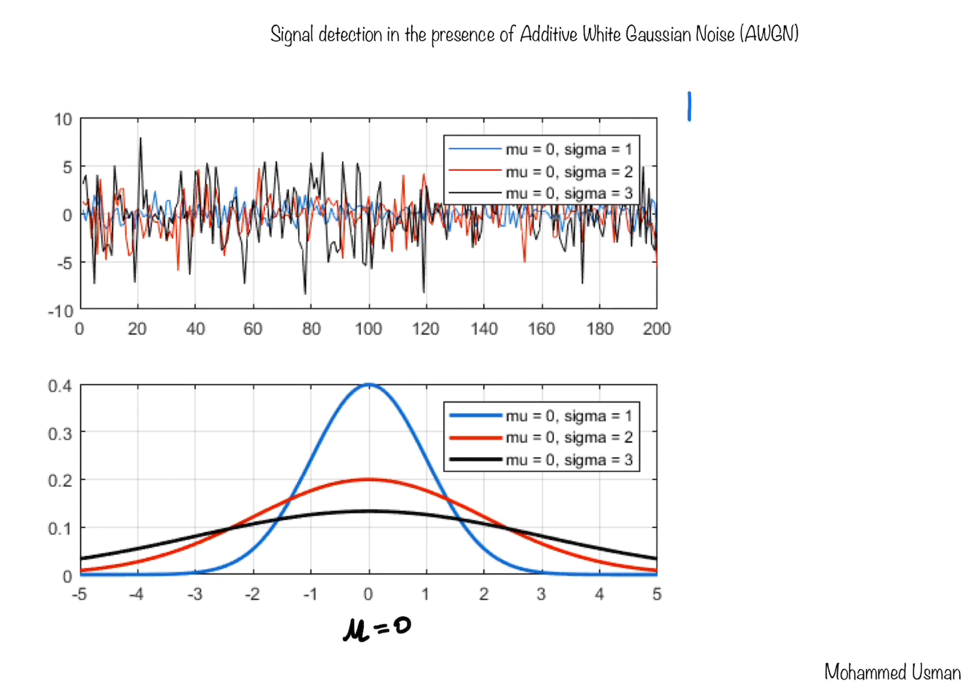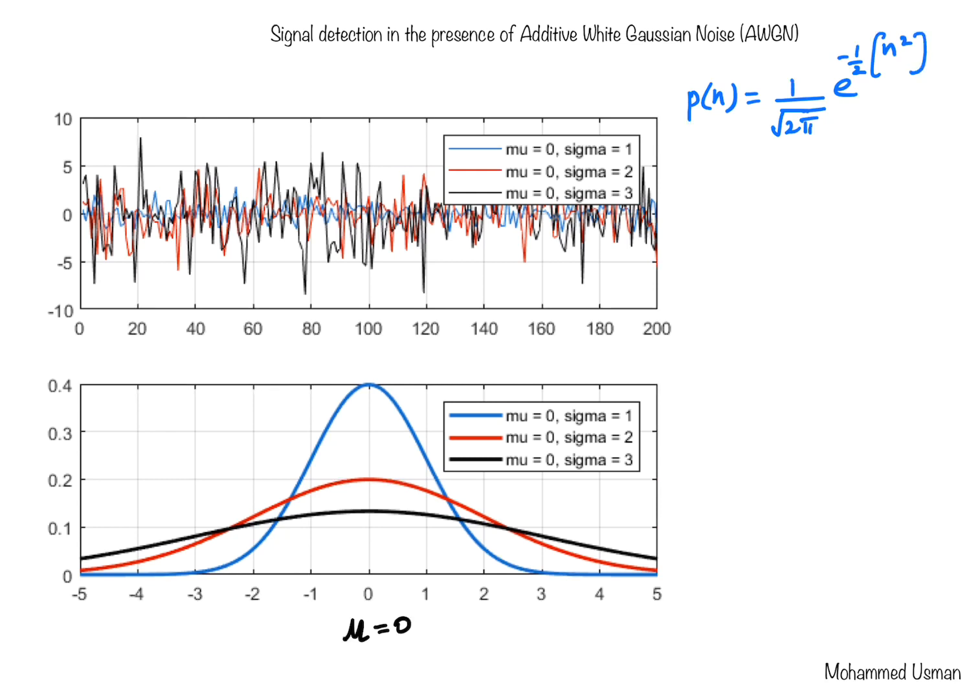For the blue PDF, the standard deviation sigma is equal to 1, so the distribution is 1 by root 2 pi, e power minus half into (n minus the mean)/sigma squared. The mean value is 0, so it's simply n squared by 2.